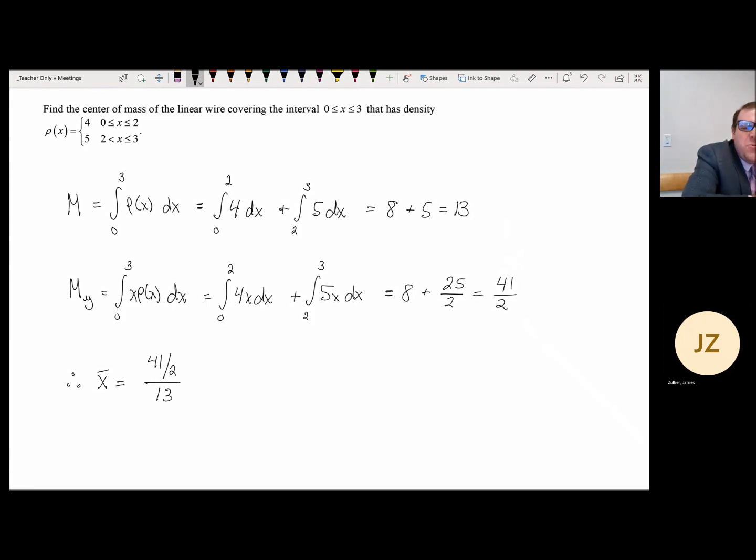Center of mass x bar would be 41/2 over 13, which is 41/26.